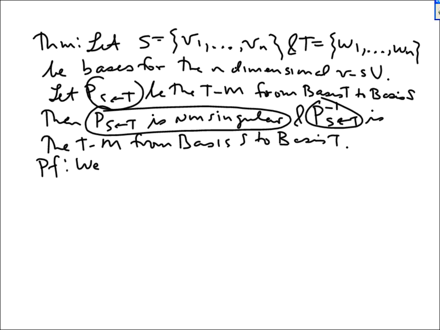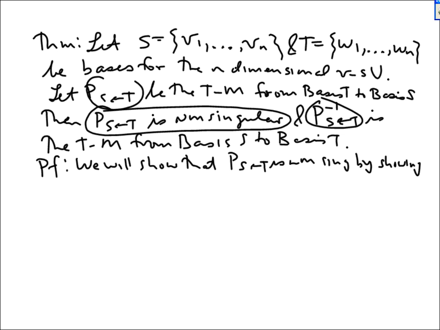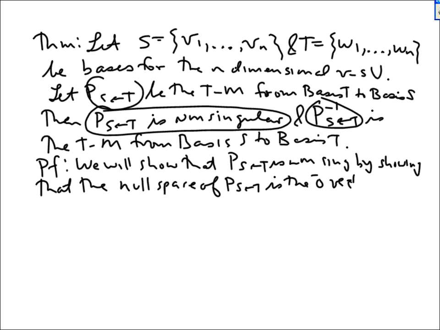Okay. We will show that P_S←T is non-singular by showing that the null space of P_S←T is the zero vector.